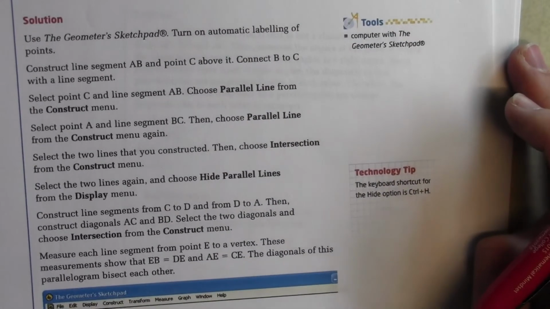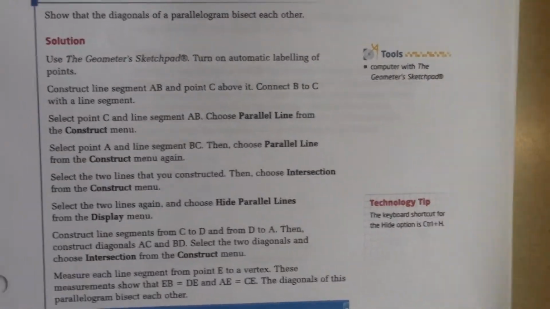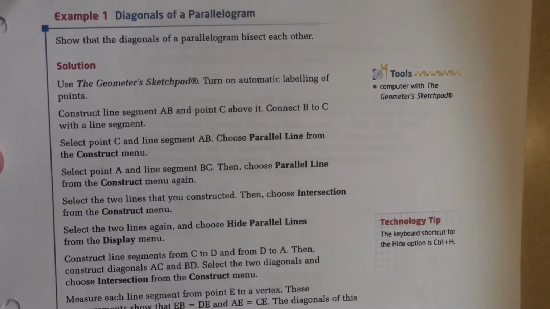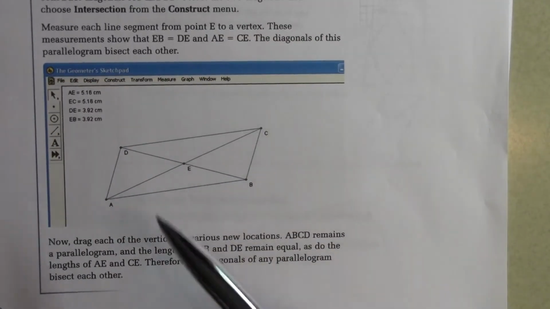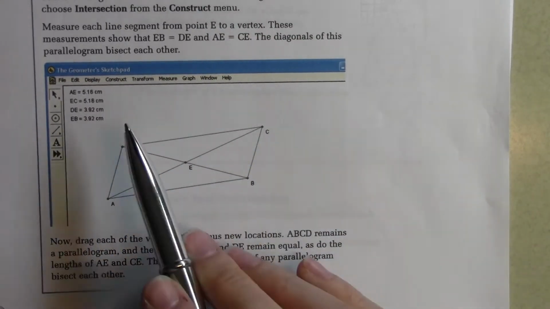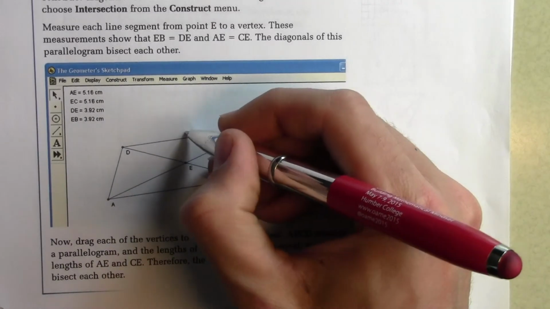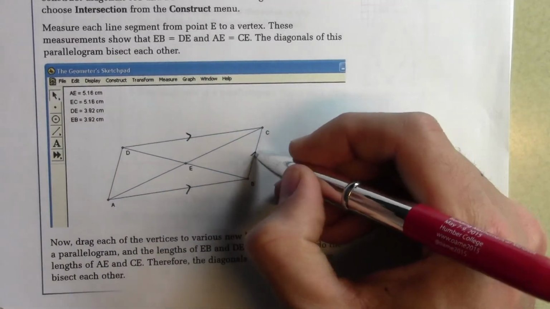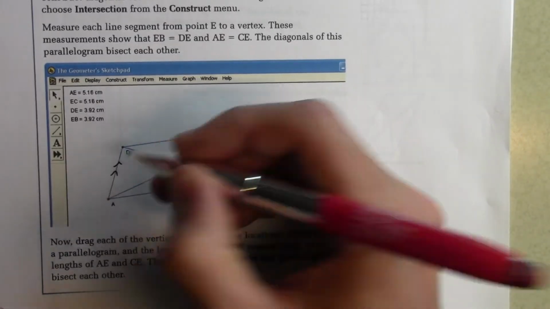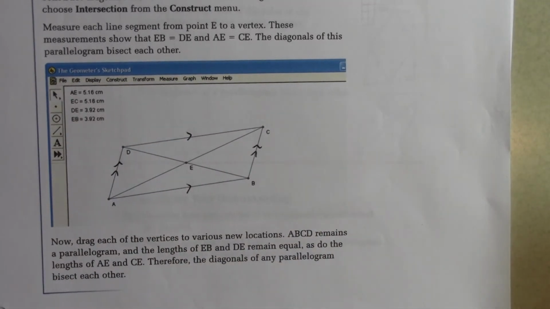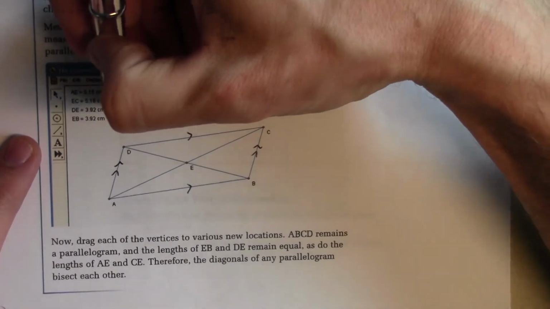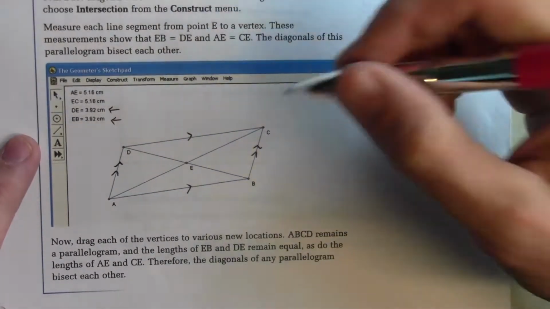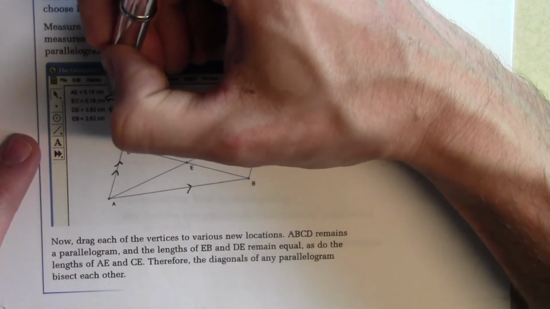Okay, the next thing we want to do is show that diagonals of a parallelogram bisect each other. So they do this on Geometry Sketchpad, which you guys are now familiar with. They draw a parallelogram here, so we can see that these sides are parallel, and then you can see here that they actually do measure it, and you can see DE is equal to EB, and EC is equal to AE.